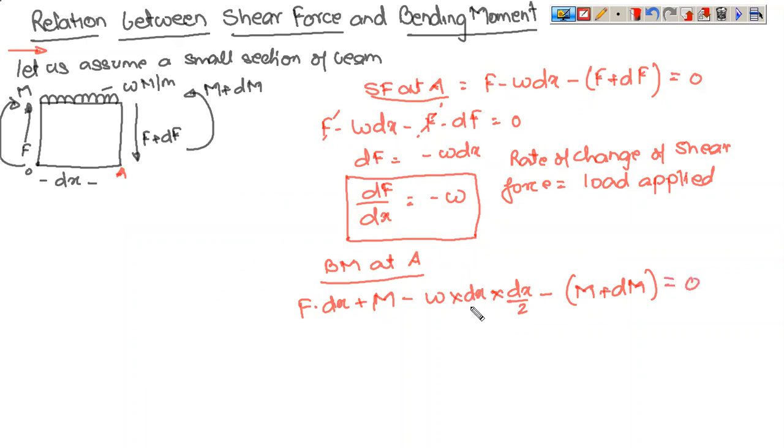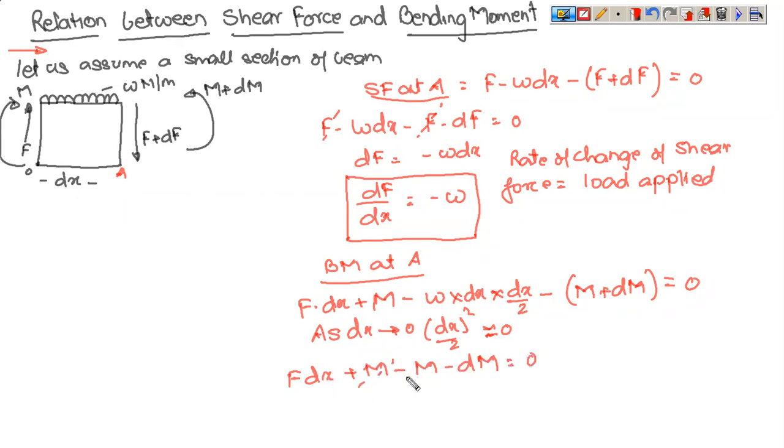Now dx is a small quantity. So dx into dx by 2, as dx tends to 0, dx square by 2 is taken to be equal to 0. So this equation reduces to F dx plus M minus (M plus dM) is equal to 0.